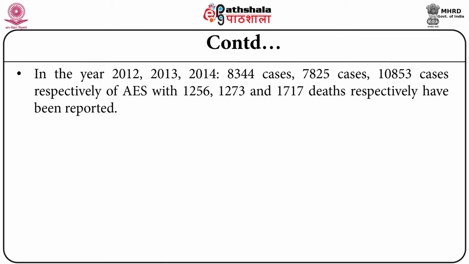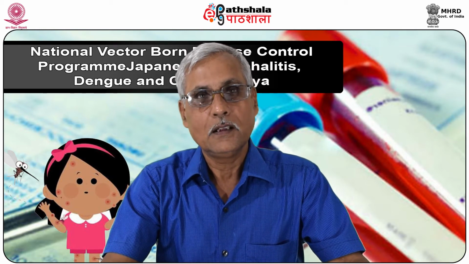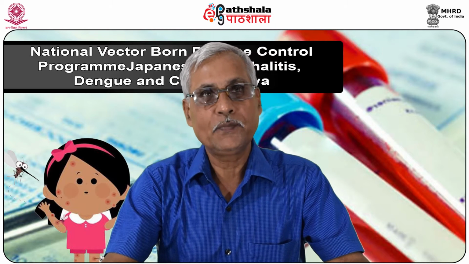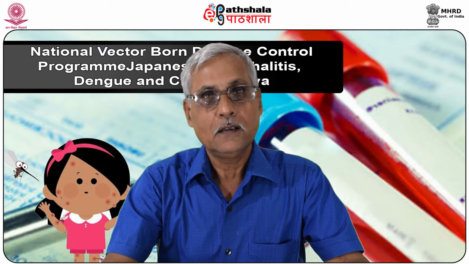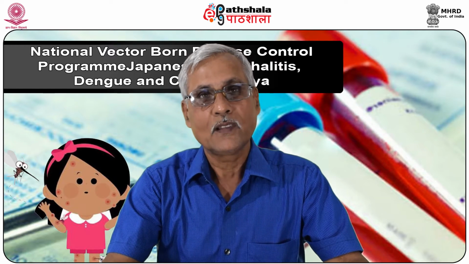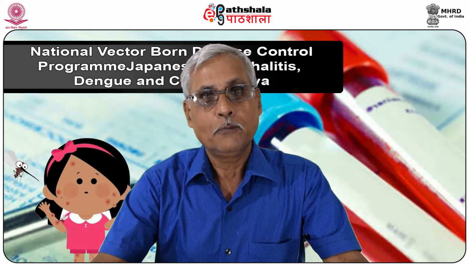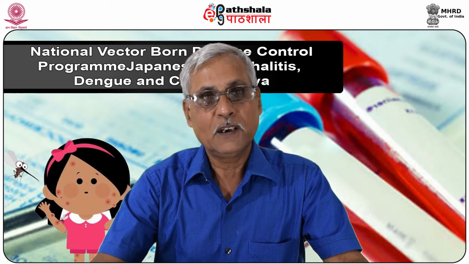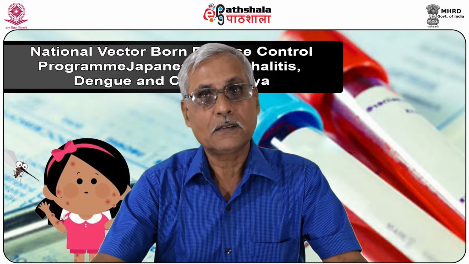This data signifies that there is a continuous occurrence of outbreaks of AES, including JE, and there are also reported deaths from this condition. Because of deaths, there is a hue and cry in the public, and as public health persons we should be very careful that efforts are taken to reduce morbidity, but mortality should certainly be curtailed.